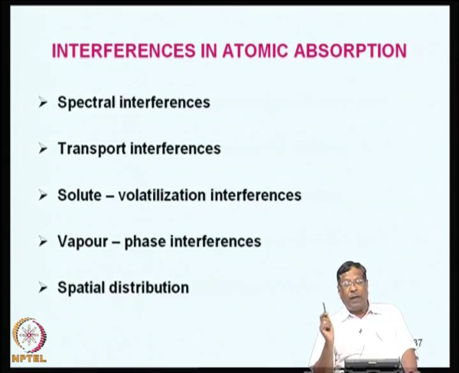So, what I am trying to tell you is, so long as you are measuring the absorbance of the sample using a standard, and you get a certain response reading, 0.3 absorbance or 0.32 absorbance, etc., and you take your sample, if the concentration is the same as that of the standard, it must show you the same absorbance like 0.3 or 0.32, but it does not, and we call it interference of the method.